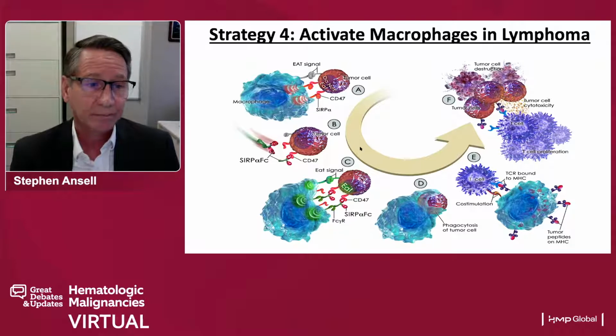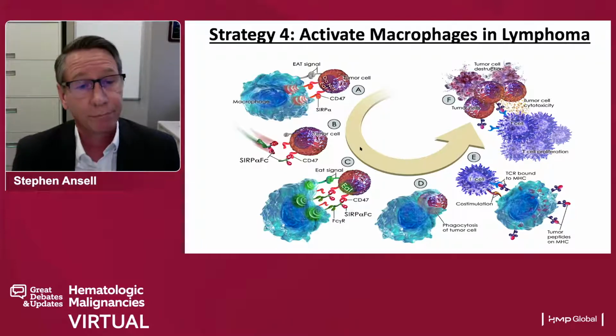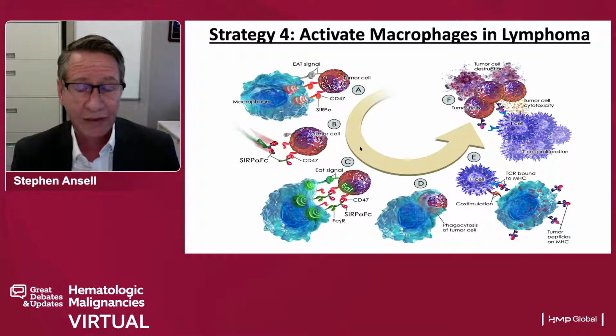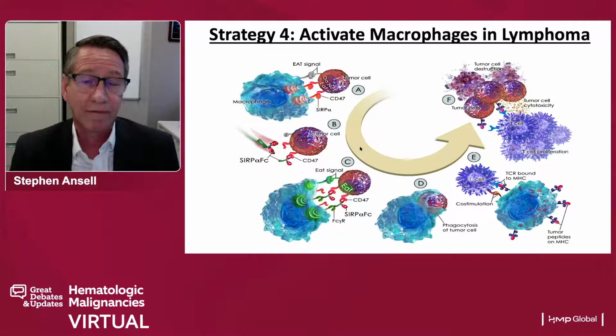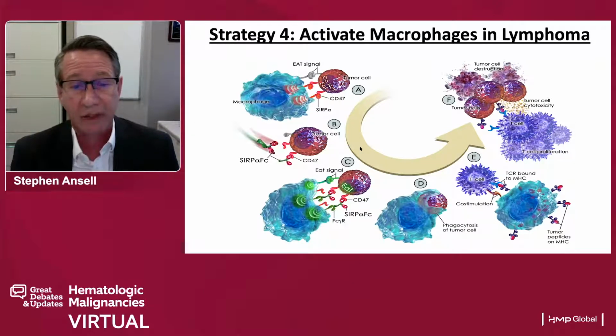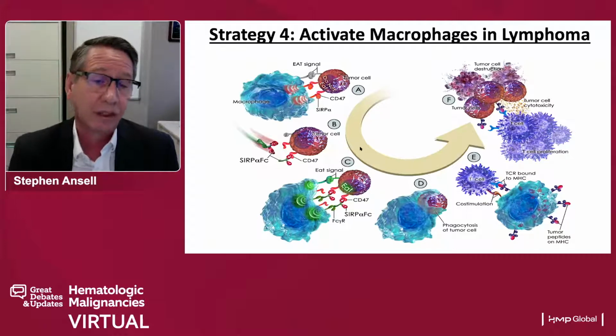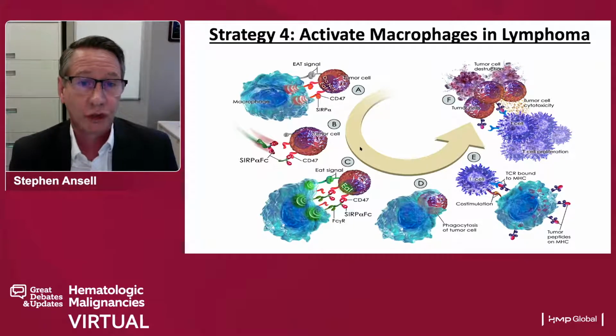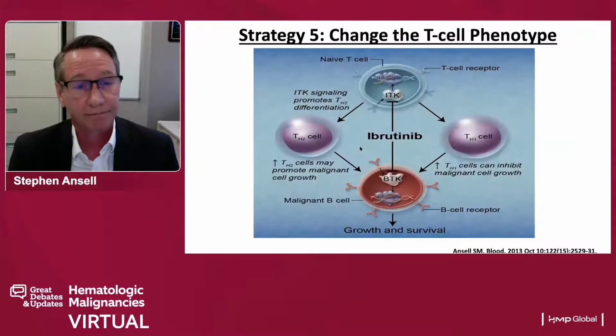When it does that, the macrophage will not very effectively phagocytose tumor cells. If you block the don't eat me signal, that results in much more effective phagocytosis. In fact, aside from just eating the tumor, there can be further antigen presentation like we spoke about. As shown in panels E and F, you can see then T cell activation and a further T cell response in conjunction with the macrophage response.